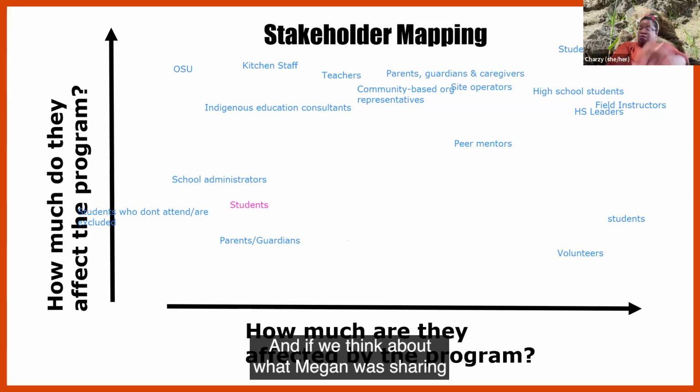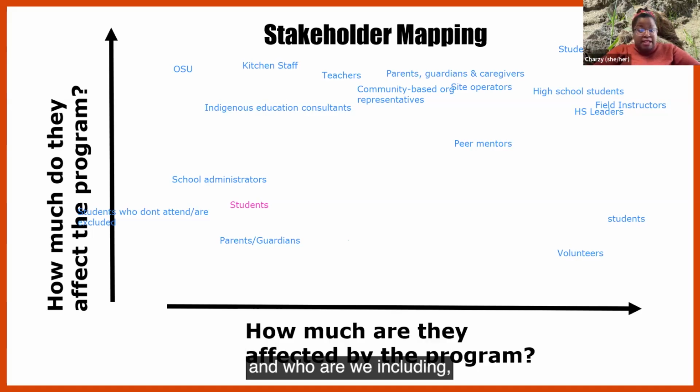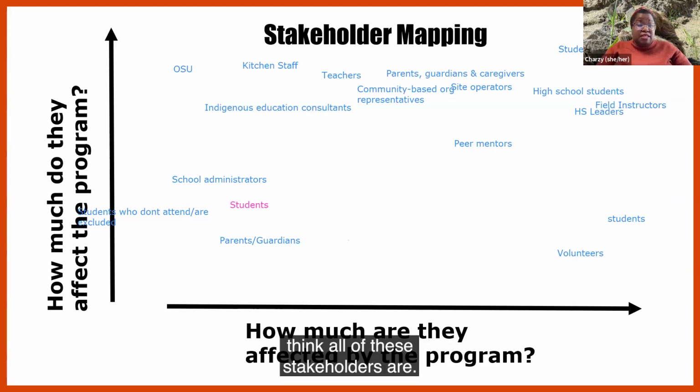And if we think about what Megan was sharing when she was presenting about Opal Creek and who are we including, because we're talking about co-creating evaluation questions, and then just thinking about co-creating our outdoor school programs and where folks are affected or where they affect us. This is our first step of where we think all of these stakeholders are.